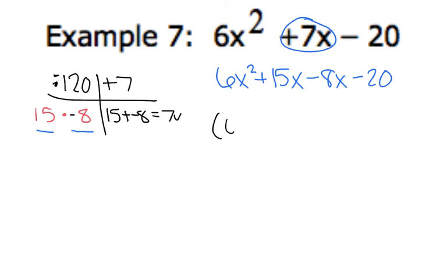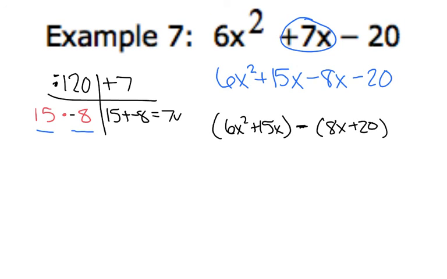So I'm going to have 6x squared plus 15x in one group. And then the second group, I'm going to have the 8x minus 20. But we have a choice here. We can actually, if we want, factor out that negative already. And then make these a lot easier for us.